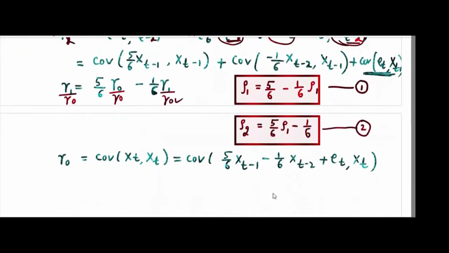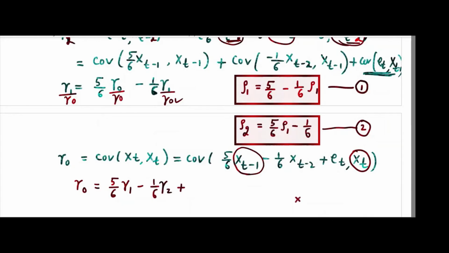However, when you find gamma naught, what will happen? If you check with respect to gamma naught here, x_t minus 1, that is there. So you will get gamma 1 from here, 5 upon 6 gamma 1. And the second one, 1 upon 6 x_t minus 2, then x_t. This will be gamma 2 here, minus 1 upon 6 gamma 2, plus there is a link between e_t and x_t.